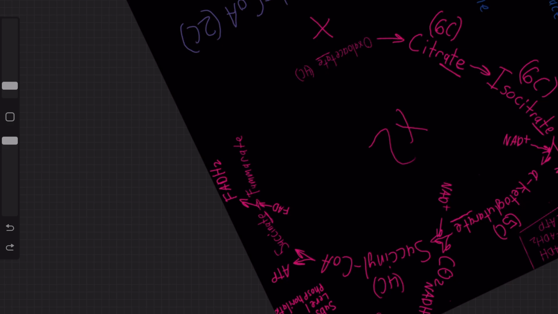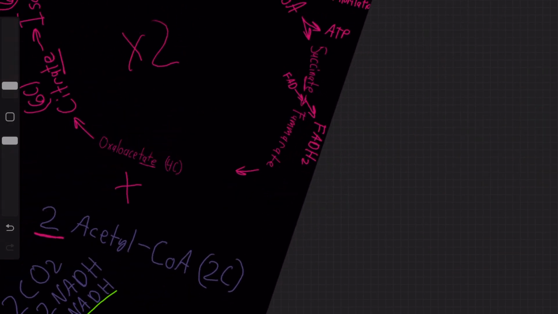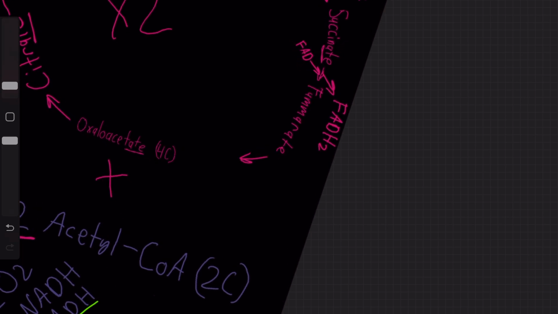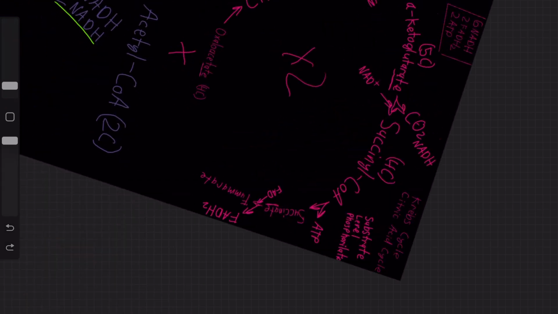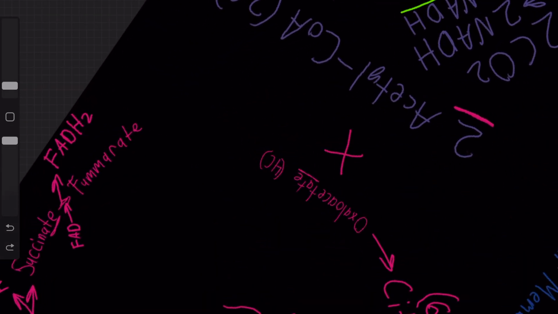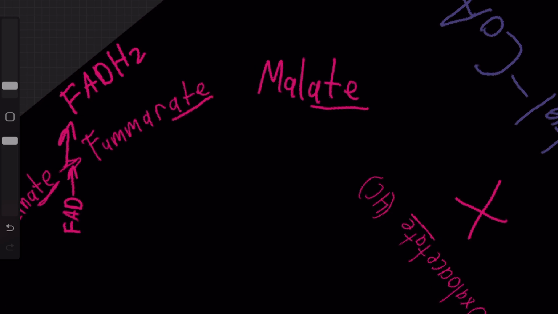Now, the last step in the cycle would be malate. Let me actually write it down first. Right here. Malate. Again, another one with ATE. And remember, fumarate has ATE.